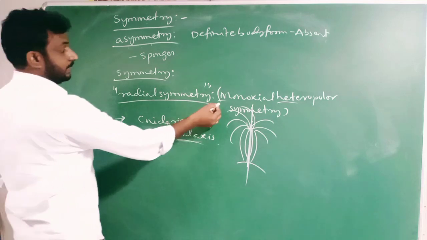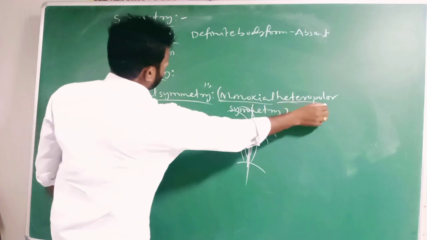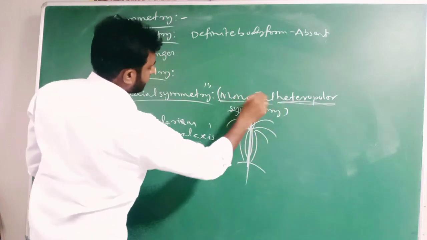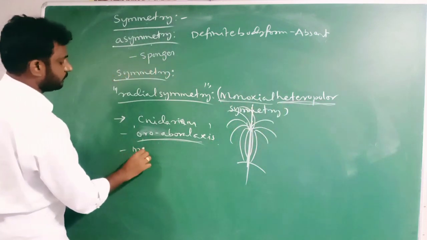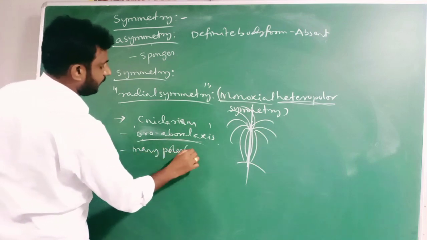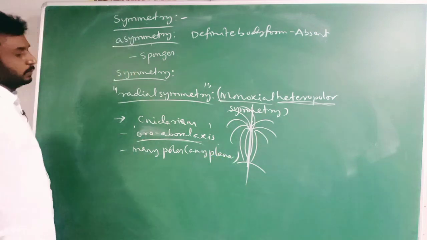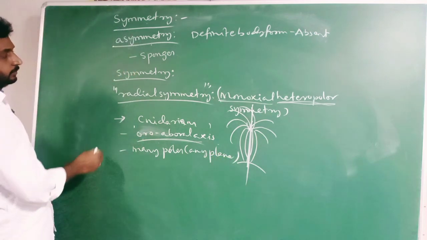So it is called monaxial heteropolar symmetry. Monaxial means single axis, heteropolar means poles are many. Single axis but many poles, and any plane can cut the animal into two identical halves, called radial symmetry.